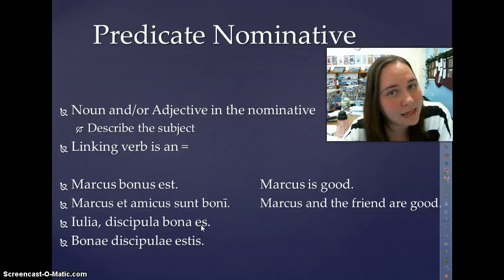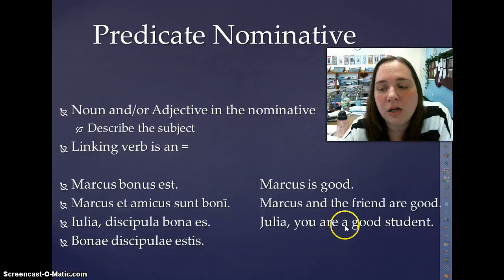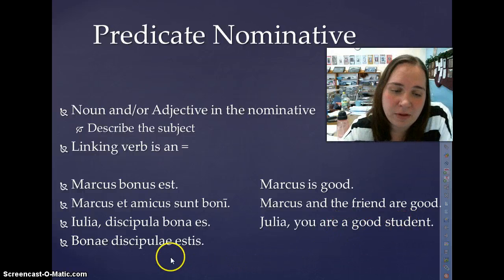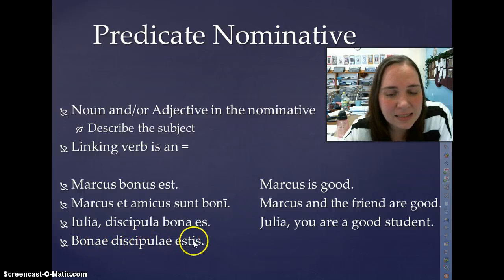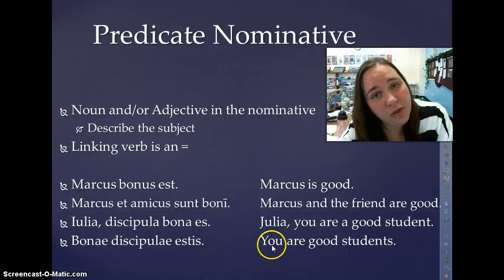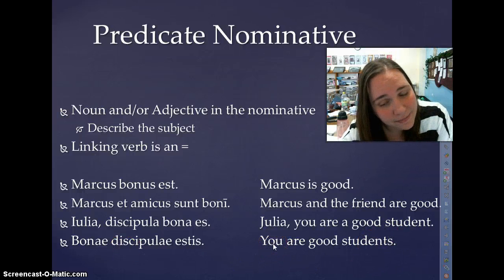The verb to be does not take a direct object. We have a predicate nominative. You are a good student. And then our last example, in the plural, boni discipuli estis. Estis, y'all are, or you plural are, you are good students. Nominative plural, technically describing the you, the plural you, in estis.